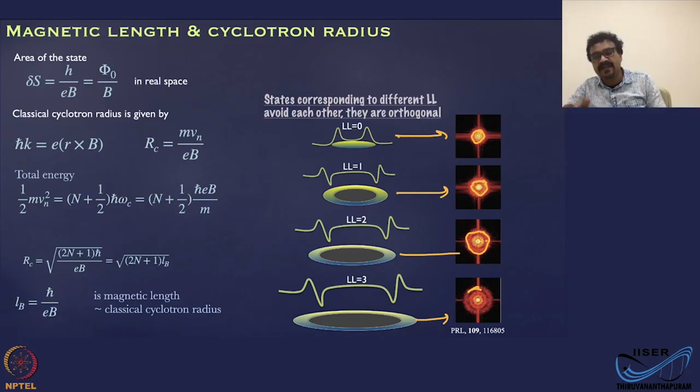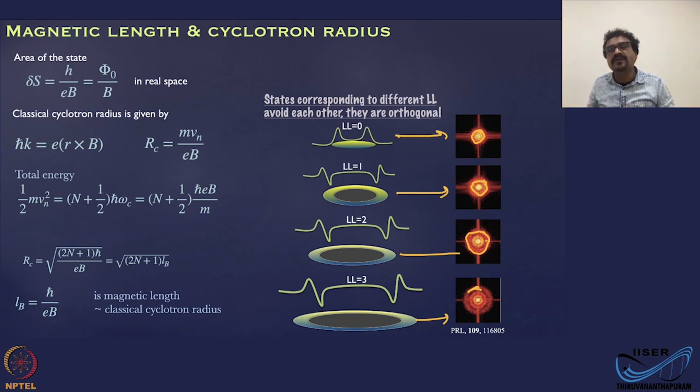This is the mapping of the density of states by tunneling experiment. And as you can also see here, there is no overlap between different Landau levels, because these are energy eigenstates of the Hamiltonian, which are orthogonal. So they don't cross each other.